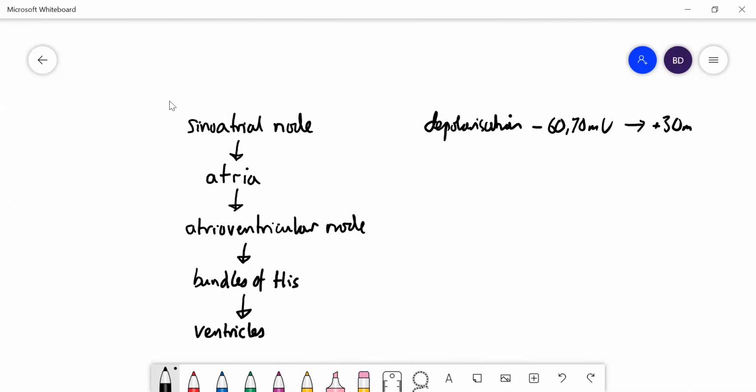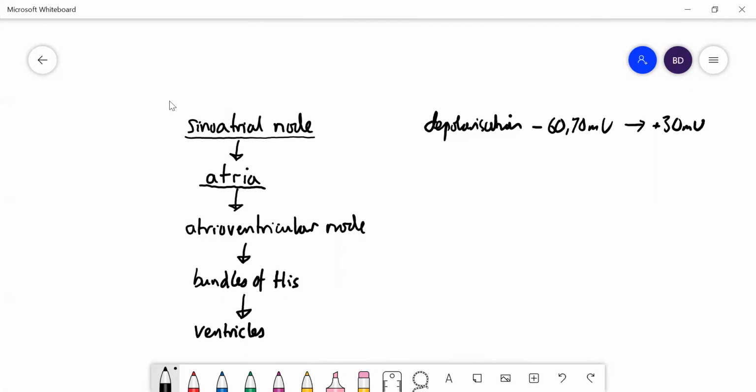And when that happens in one of the myocytes, it causes the myocyte to contract. So first of all, you get a depolarization of the sinoatrial node. That will happen roughly about once a second, just all by itself. That's a natural pacemaker. This will cause a wave of depolarization in the atria, which will cause the myocytes to contract.